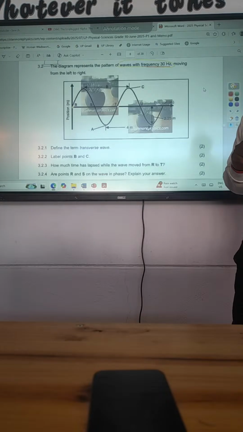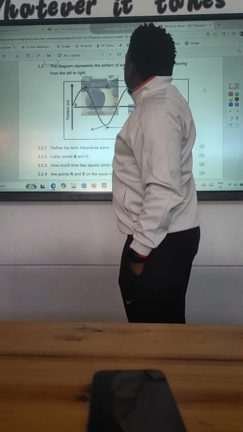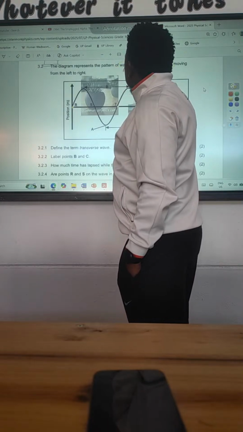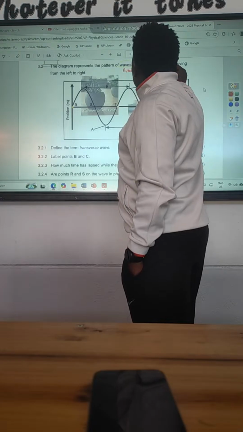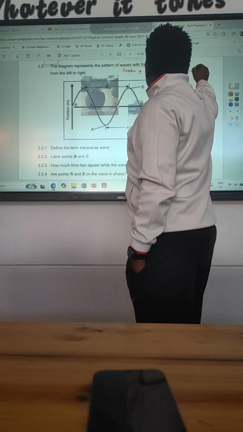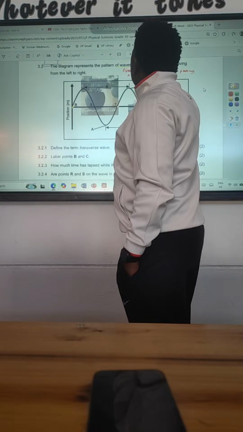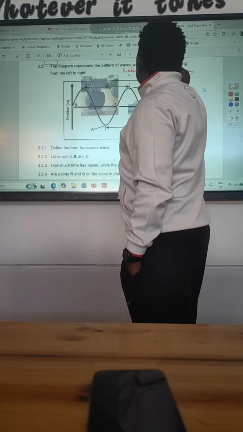Number of successive crests passing a given point in a second. The number of crests passing a point in 1 second.